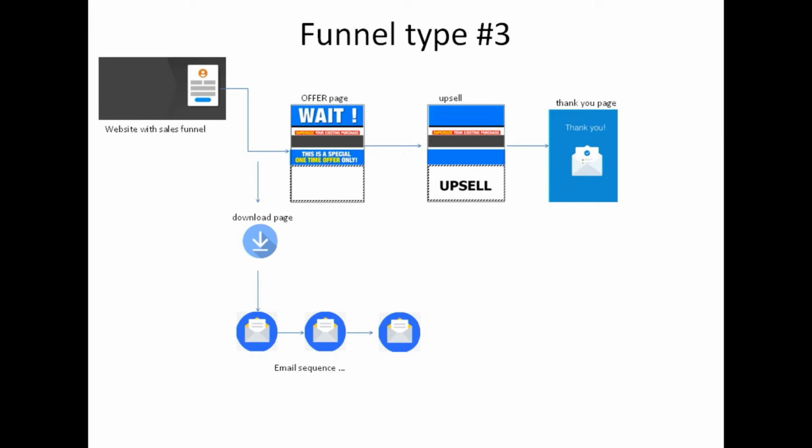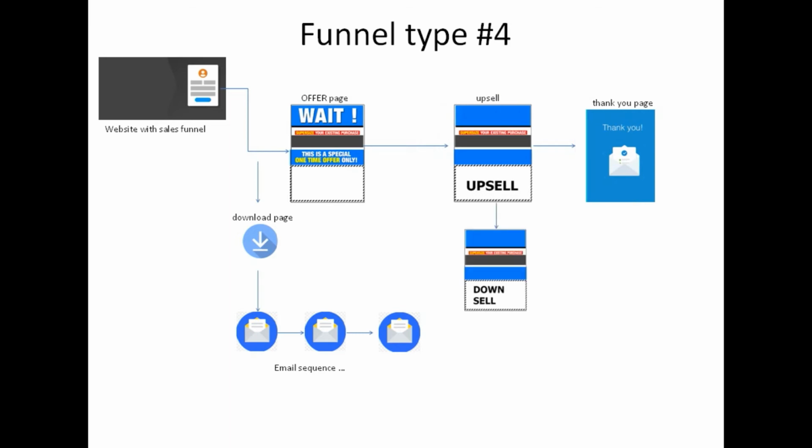Otherwise again he will be taken to a thank you page. Now along with that an email sequence will be triggered, and on a daily basis or on a weekly basis some information will be provided and slowly we try to convert them to a client.